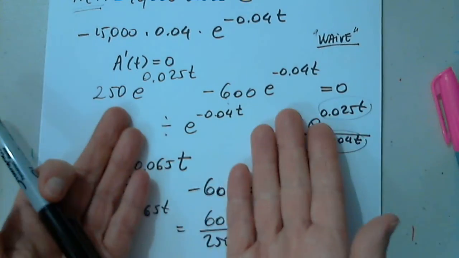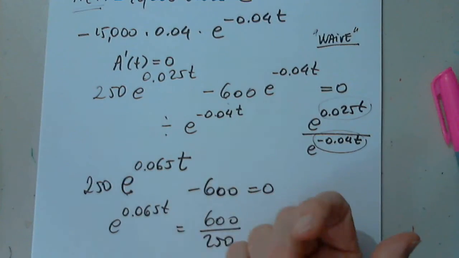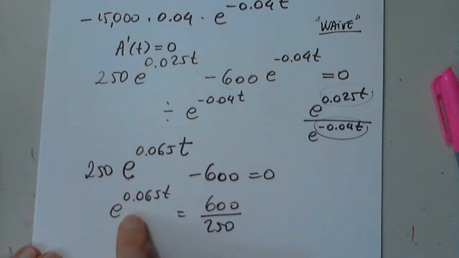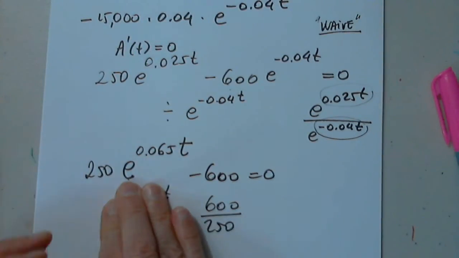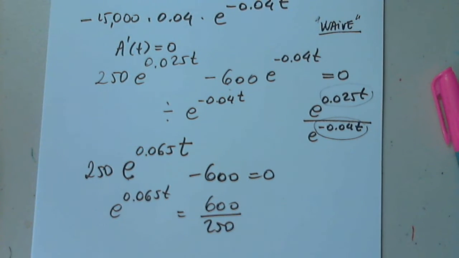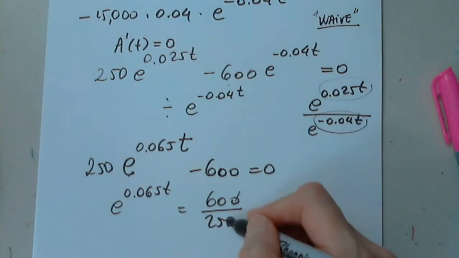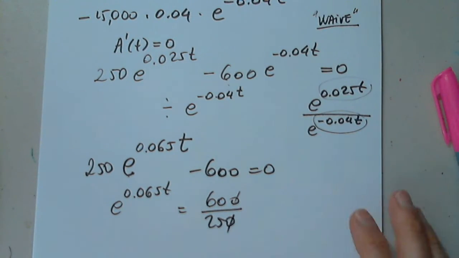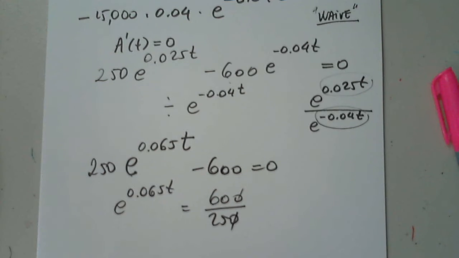I cannot proceed here before I just get one exponential expression and just a number on the other side. So what will be the next step now? Of course, I can simplify by 10 and more, but it's not important. So what do we do next to determine t?